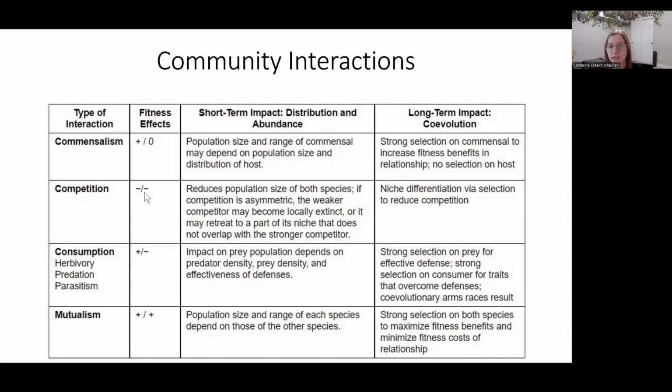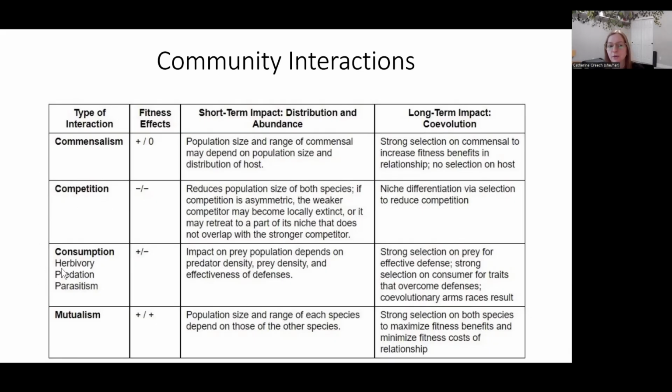In competition, both of the parties are harmed. If you think about something like the elephant seals competing for mates, they can really physically hurt each other and sometimes kill each other. So that is a net negative for both of them. Then we have consumption.